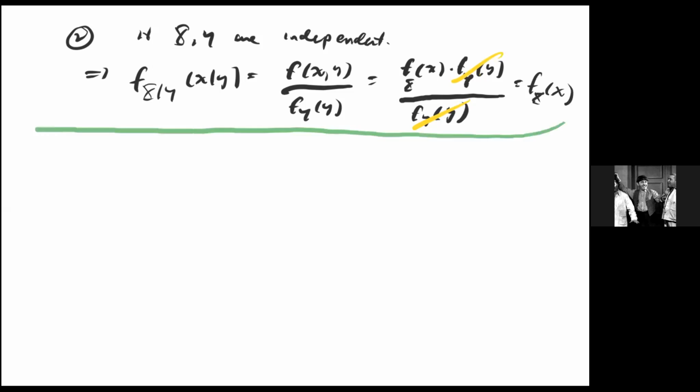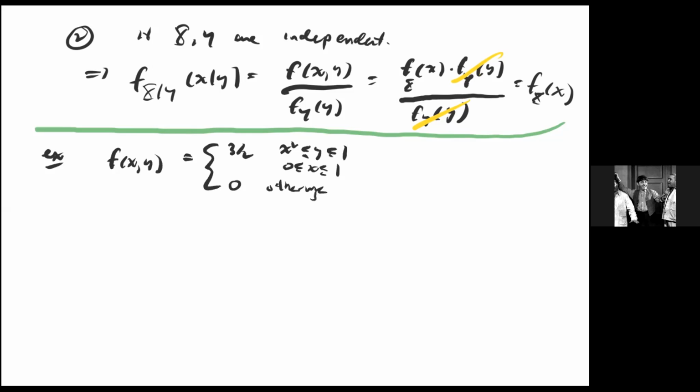The first example is, let's consider the following joint probability density function, which is given by 3/2 if x squared is less than or equal to y is less than or equal to 1, that's a region in the plane, and 0 is less than or equal to x is less than or equal to 1, and then it's 0 otherwise.